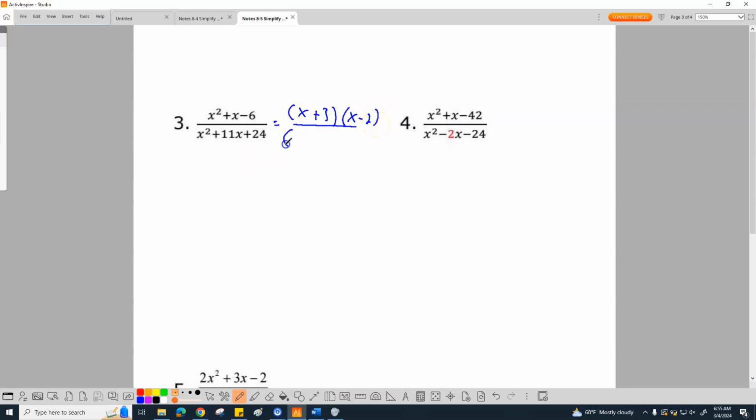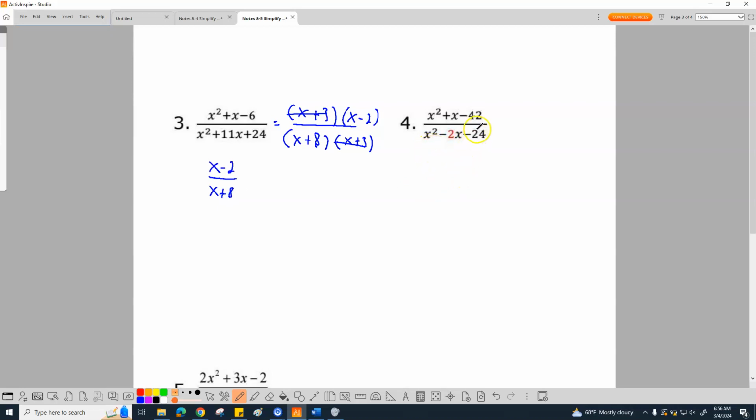And then the bottom one comes out to be x plus 8, and then x plus 3. And again, I'm doing these in my head because I'm a math teacher and I've been doing this forever. If you want to know how I did it, do the ABCs. You can see the x plus 3 cancels out. And I am left with x minus 2 over x plus 8. And that's your answer for those notes.